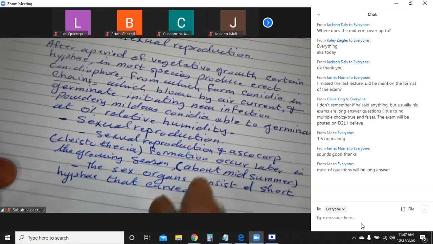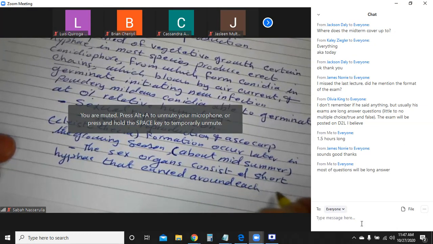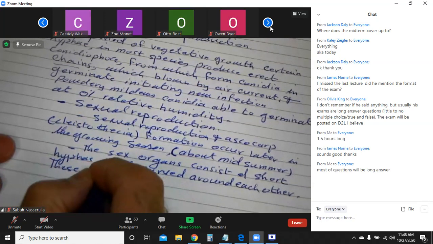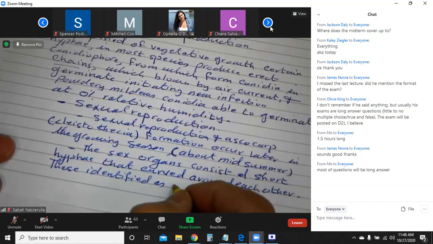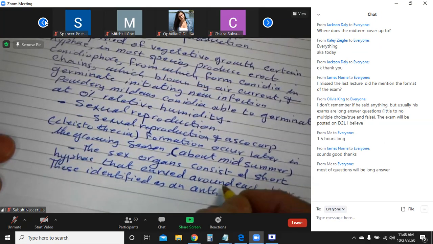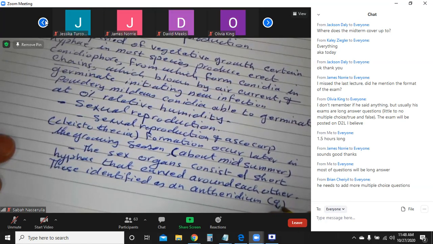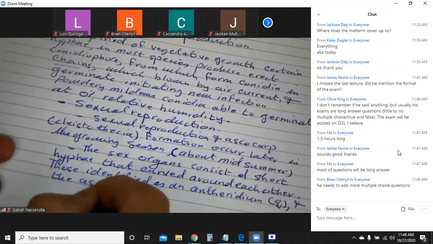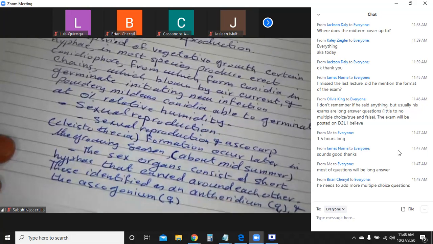And of course, these are identified, as I told you, as an antheridium, which represents the male, and ascogonium, which basically represents the female.